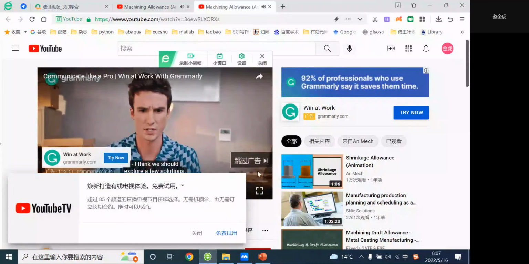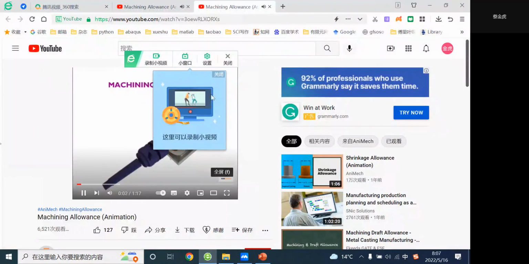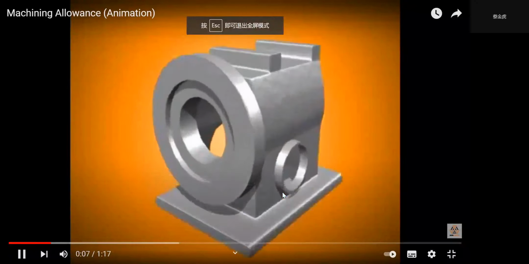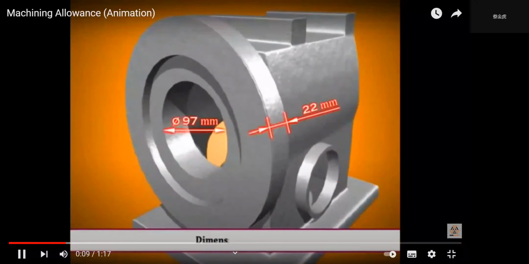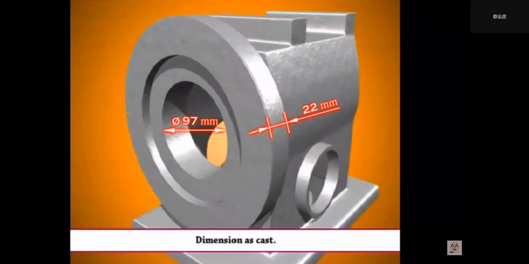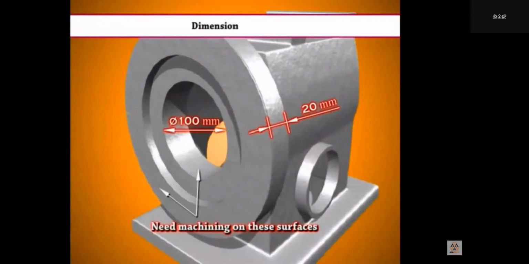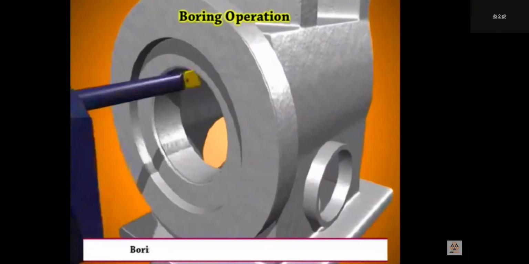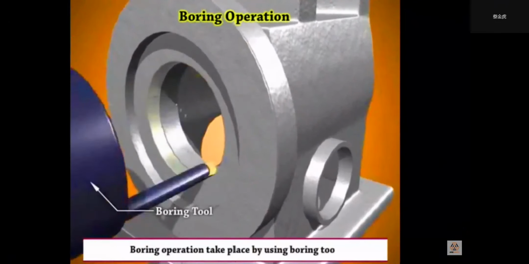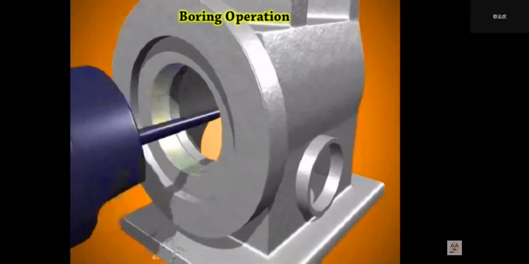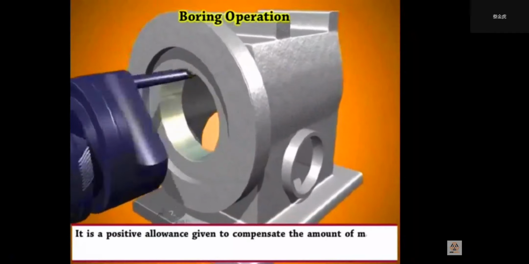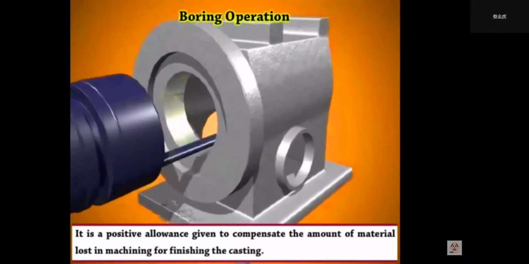Let us see an example for machining allowance. This is the dimension as cast. This is the dimension required. Boring operation takes place by using boring tool. It is a positive allowance given to compensate the amount of material lost in machining for finishing the casting.